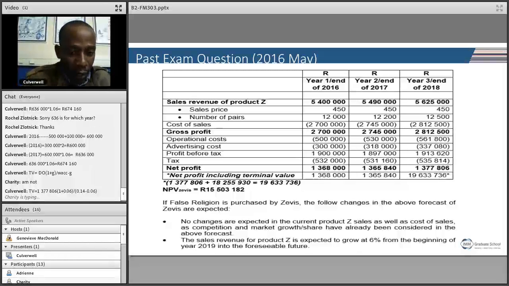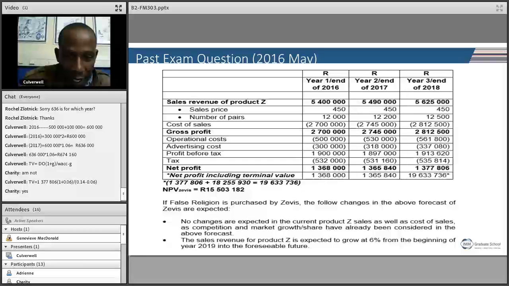Let me just put the question also on my screen. Can you see your terminal value was going to be 18,255,929.50. If you round it up to the nearest rand, it was going to be 18,255,930. Are you following there, Cherit?